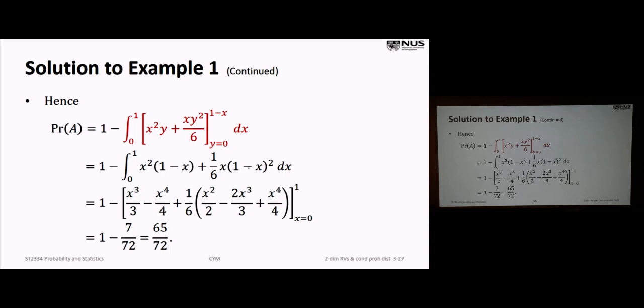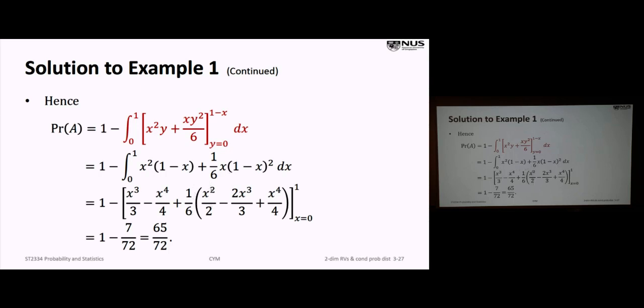I multiply by x over 6, so I get x over 6 times 1, minus 2x times x over 6, plus x squared times x over 6. If you integrate those three terms, you're going to get x squared over 2, and you can leave the 1 over 6.